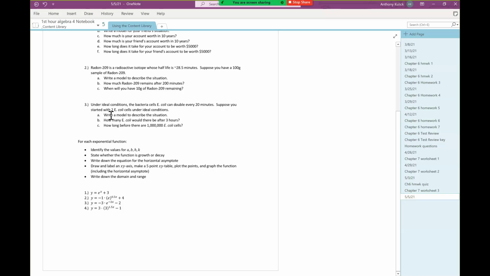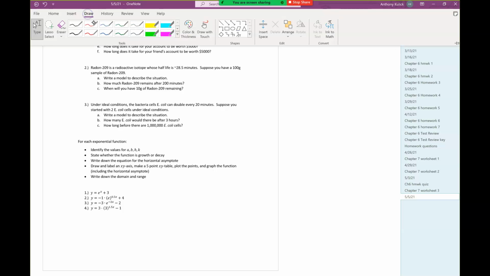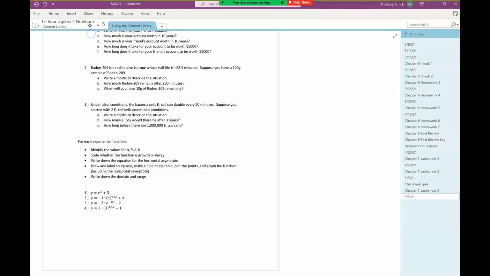Since this is a biological situation where we're talking about a population, I'm going to be using my model with e in it.